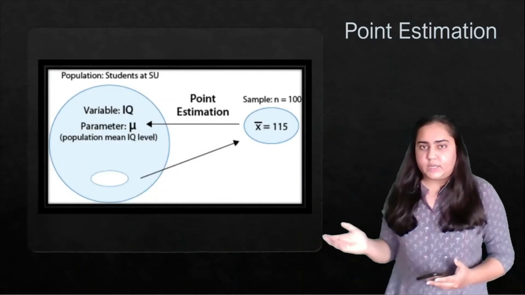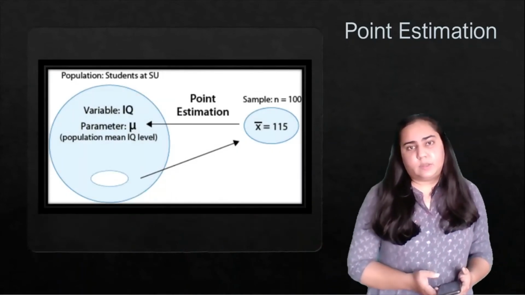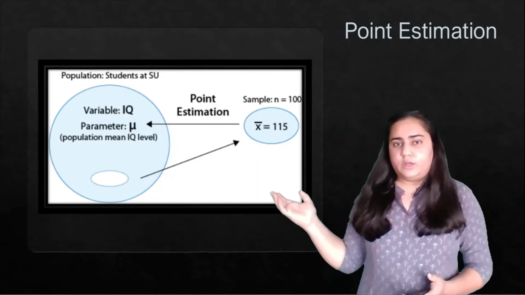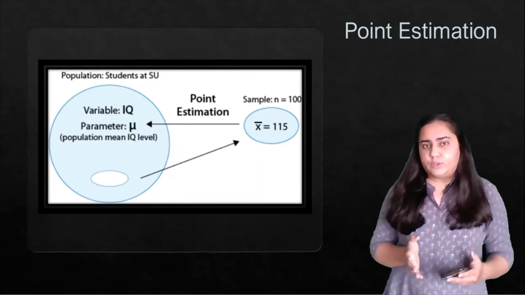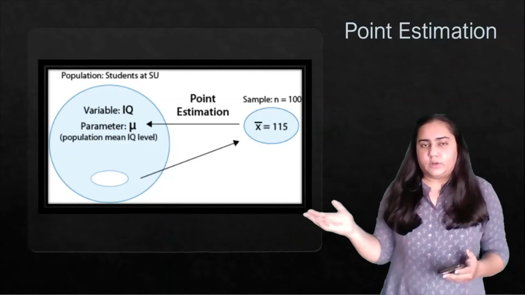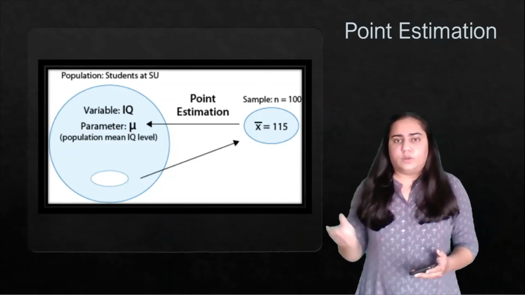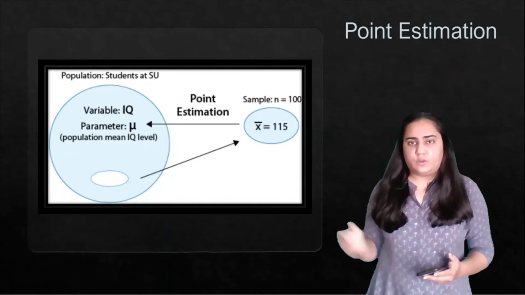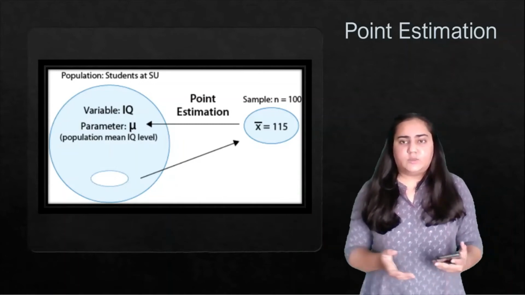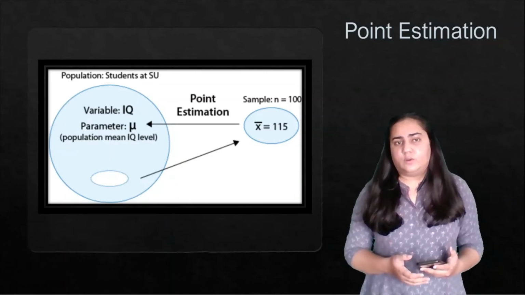Here you can see a diagram depicting the same thing: whatever data you found for your sample, you are also using for the entire population. So whatever the average is here is the same that you'll be using for your entire population. That is what point estimation is all about.